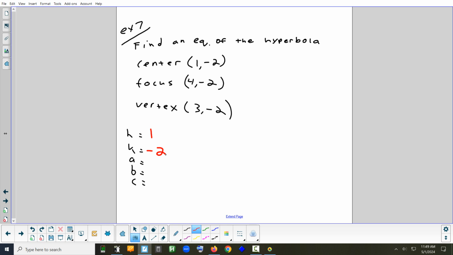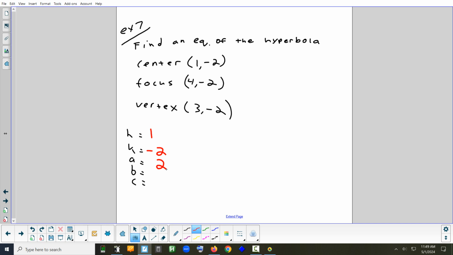What's a? Would it be 2? 2. It's the distance between the center and the vertex. 1 to 3. These two numbers are the same. They're both down 2. It's just one of them is down 1 and right 2, and one of them is down 3 and right 2. So the distance is 2.